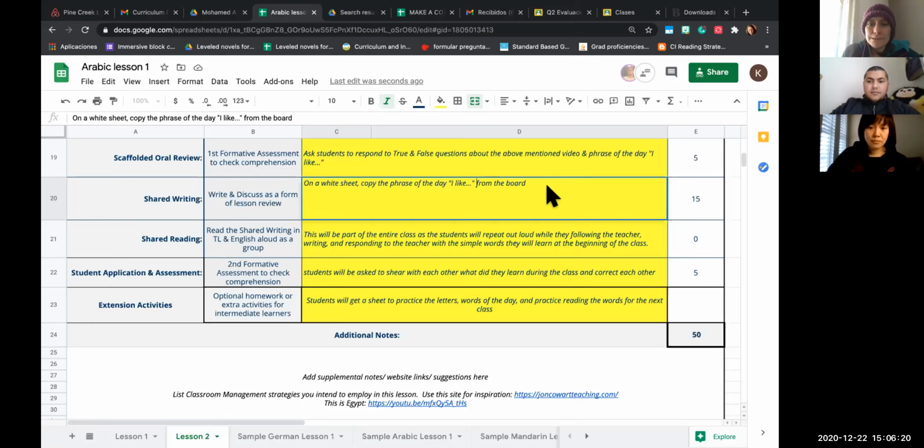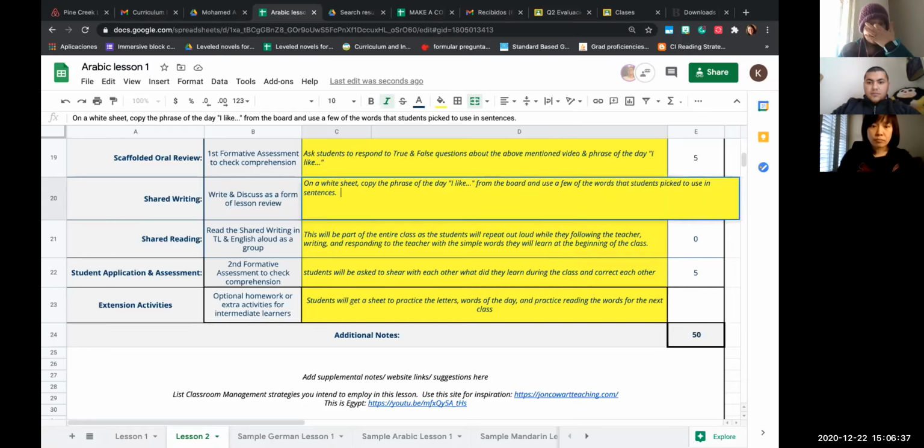Okay, so on a write sheet, copy the phrase I like from the board and use a few of the words that students picked to use in sentences. This is usually something that you would do in front of them, and ideally you would only write 2 or 3.